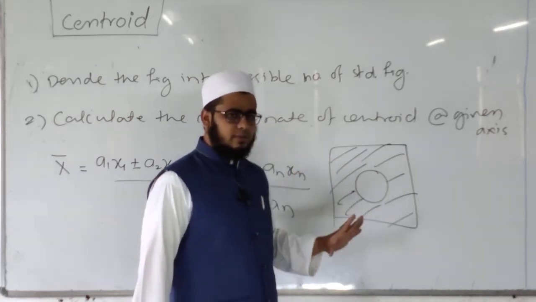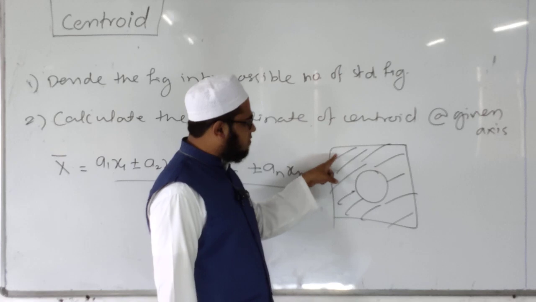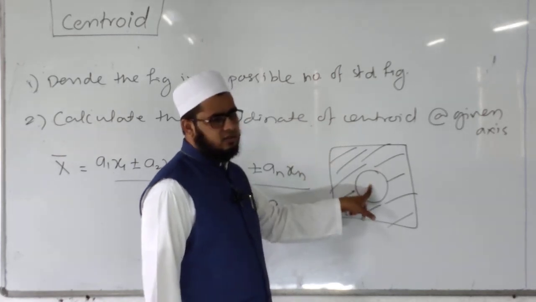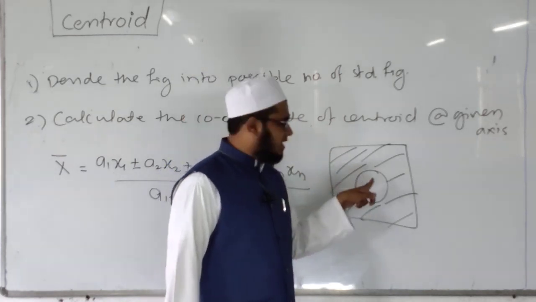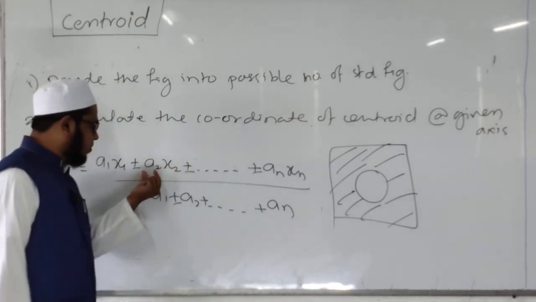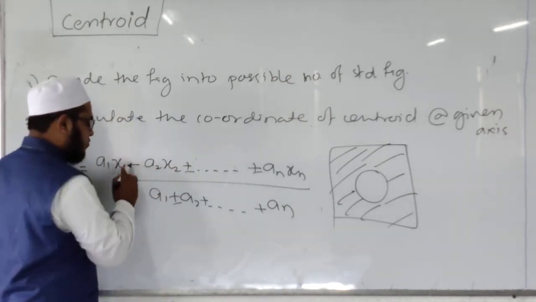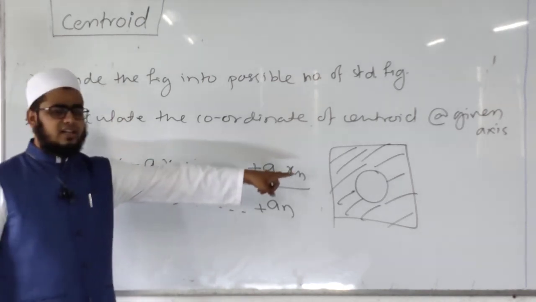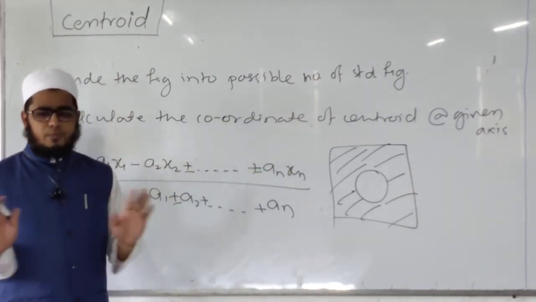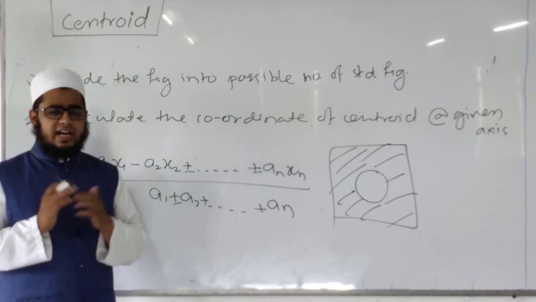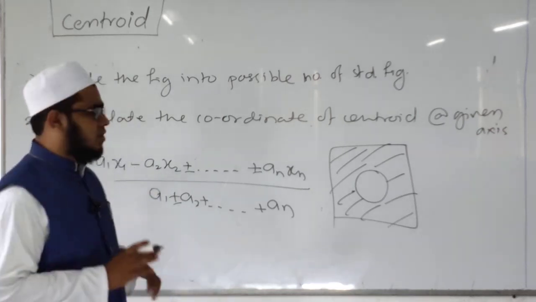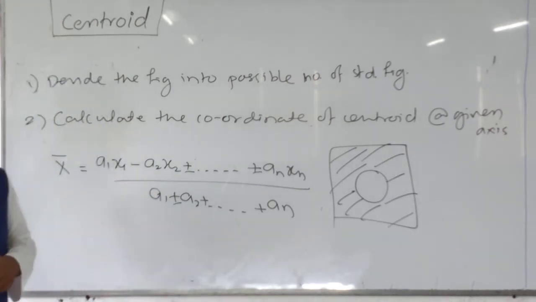These two standard figures are possible. But the rectangle has mass and the circle is a hollow part. When we put the area of the circle here, we will use a negative sign because it doesn't have mass. The hollow part should be with a negative sign, and if mass is present, then we have to consider a positive sign.